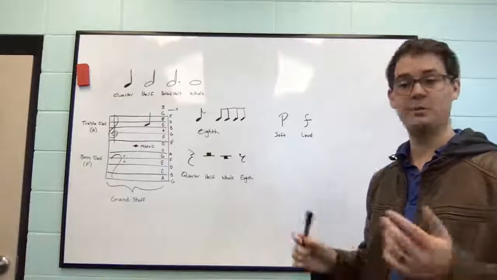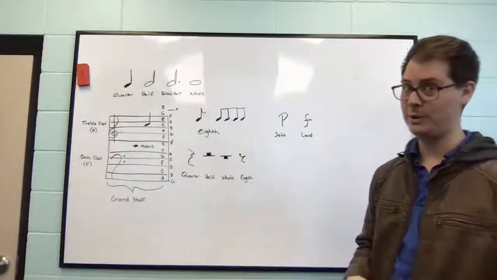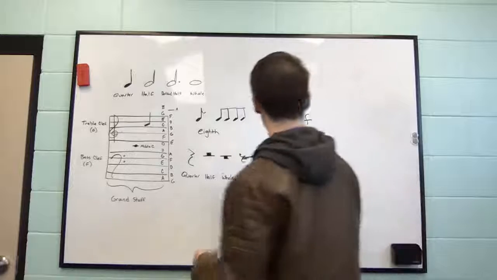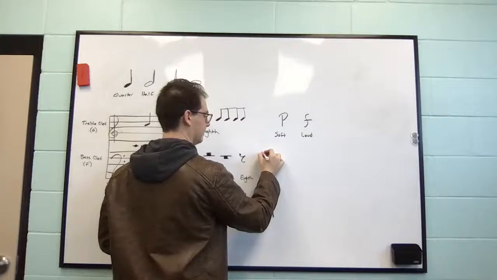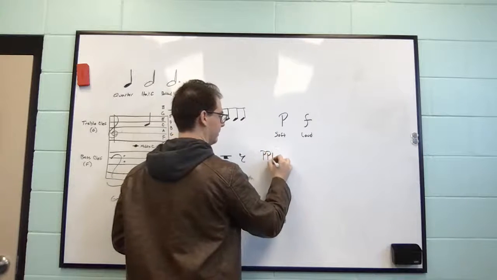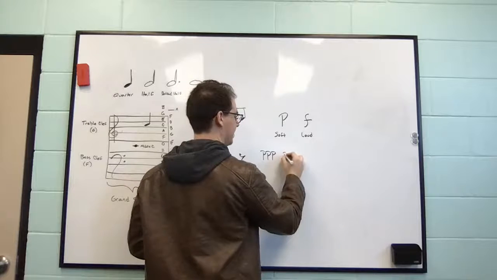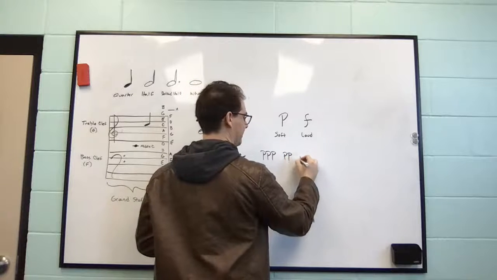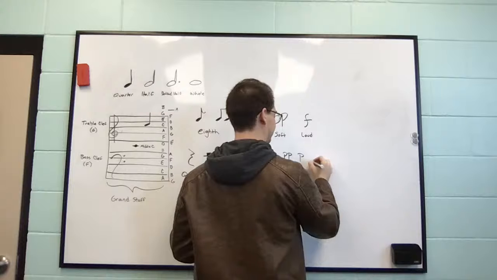Now, it's not just piano and forte. We have a whole lot more. So I'm going to write these out really quick. Kind of show you the range that you can have.